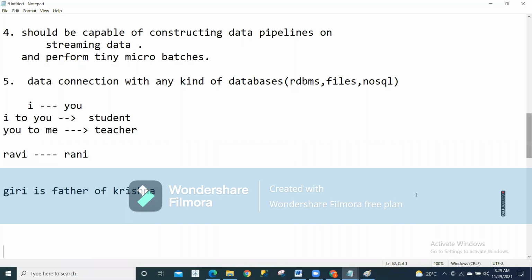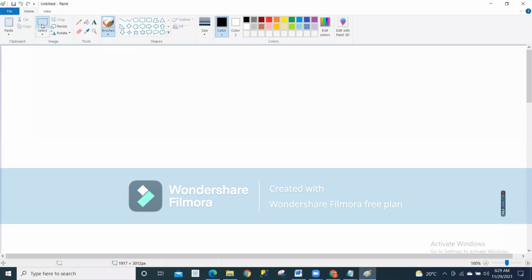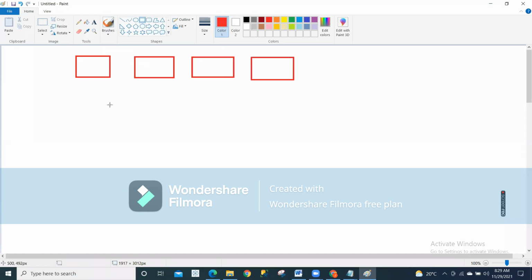Now tell me, come to this picture. You have different sources. Oh, sorry. Let me keep the boxes. I'm giving a different color for the top boxes. 1, 2, 3, 4. Okay.